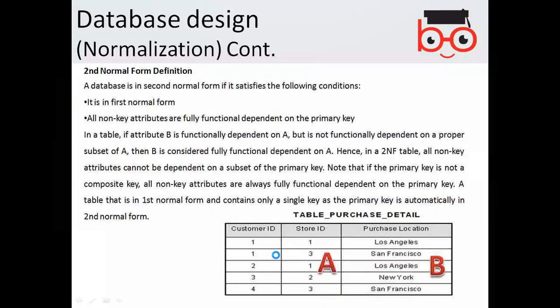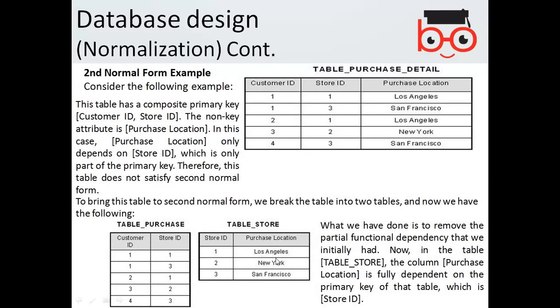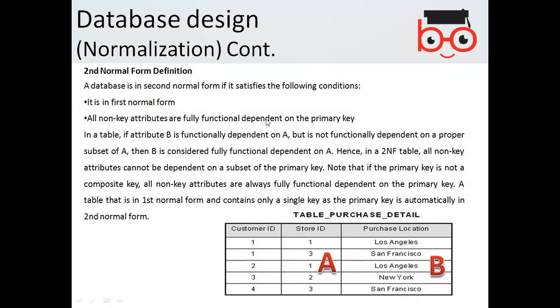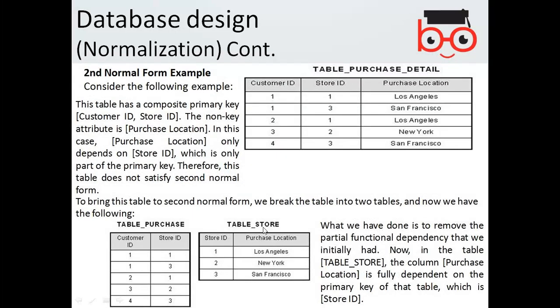A non-key attribute means an attribute that doesn't have any particular uniqueness, like Los Angeles could be repeated many times, so it is normalized into second normal form by splitting out the store ID table. The dependency is removed here, and the non-key attribute depends on one primary ID, not on the two IDs over here.